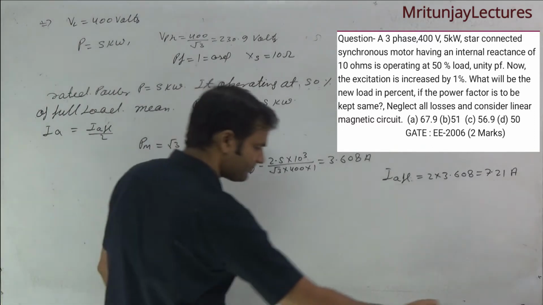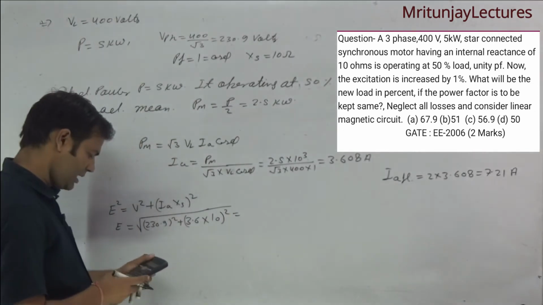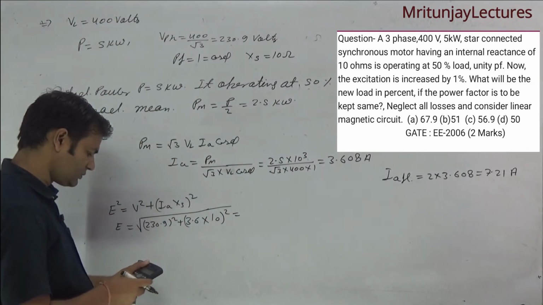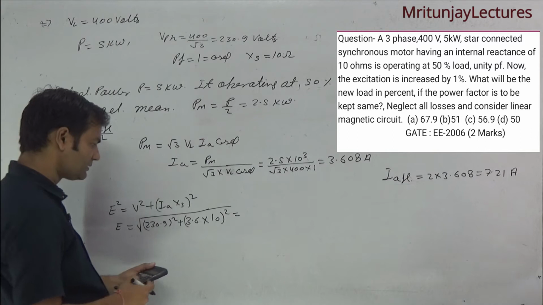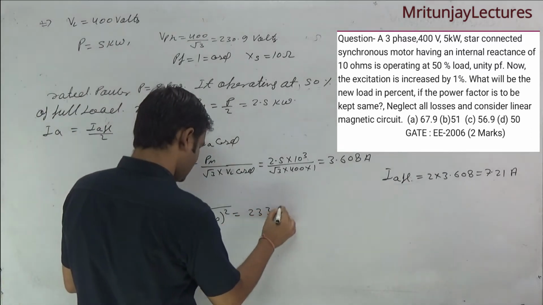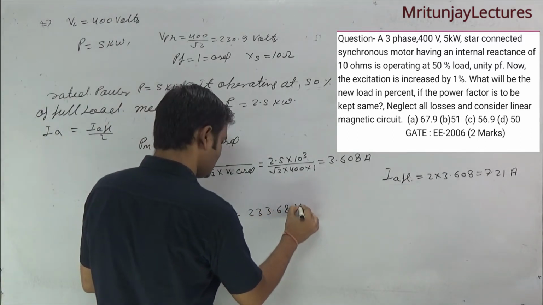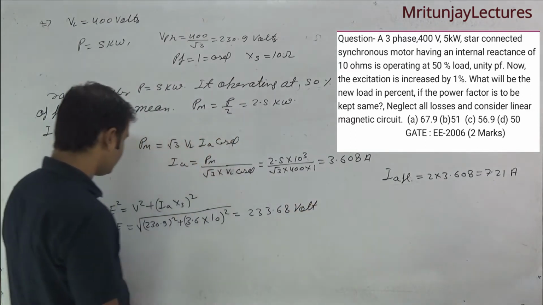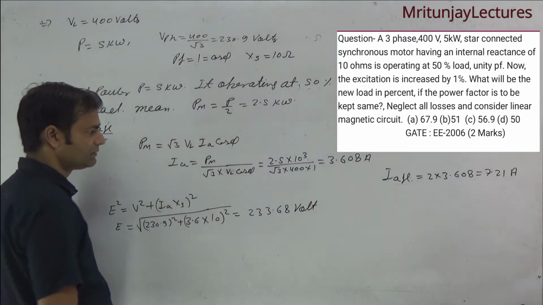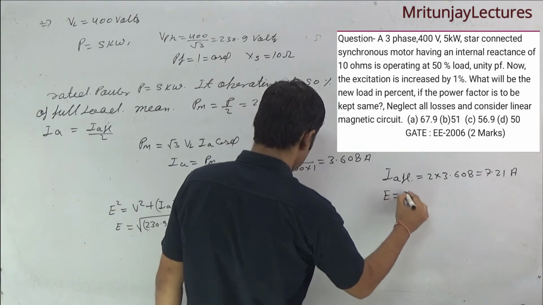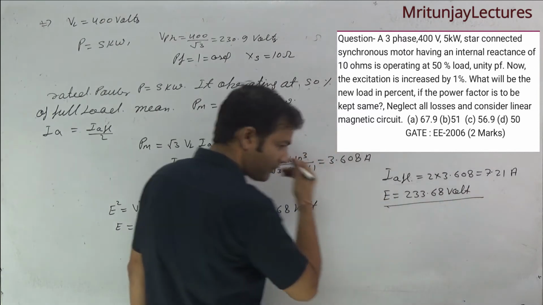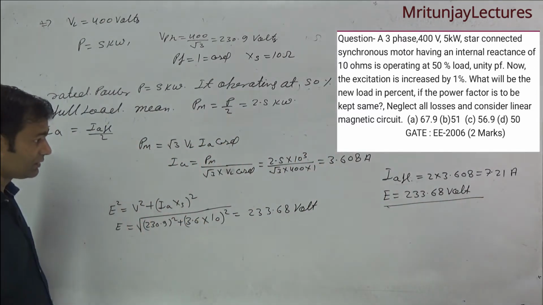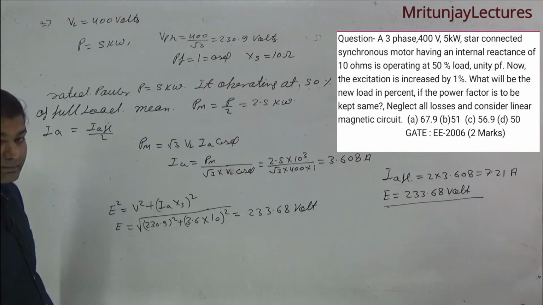Finally we got 233.68 volt. So E, the excitation voltage, is 233.68 volt.